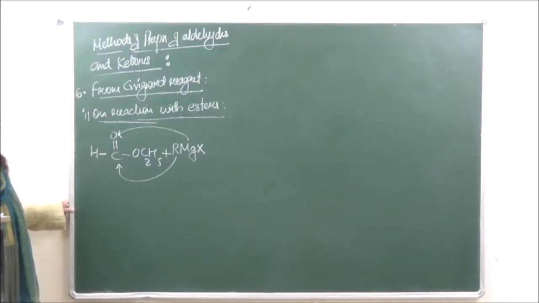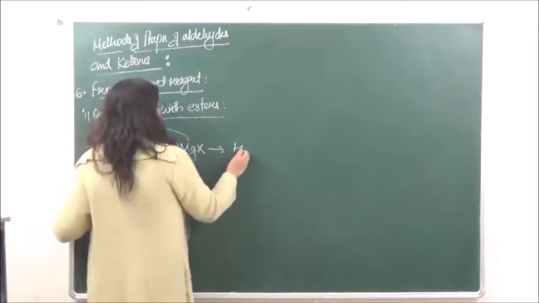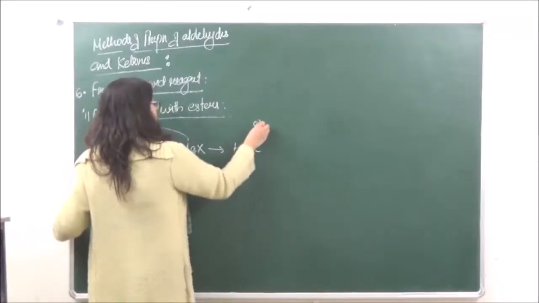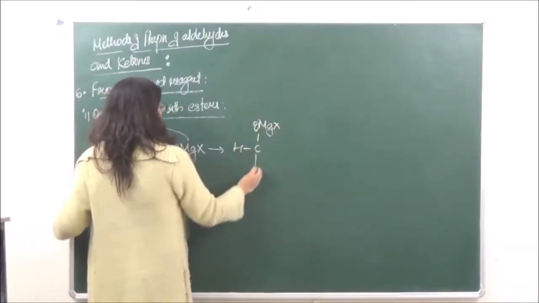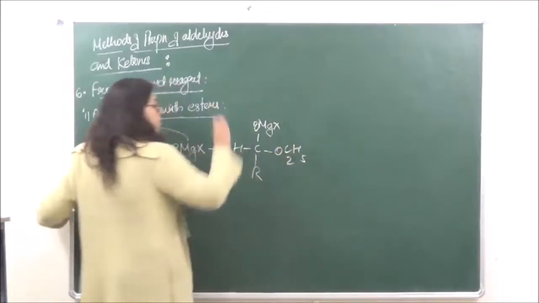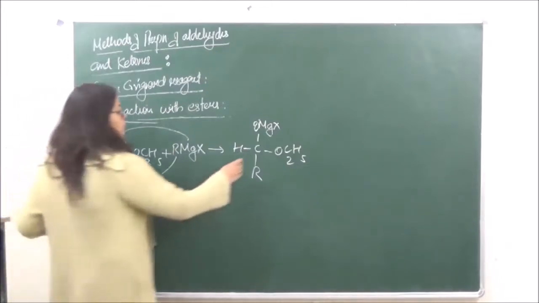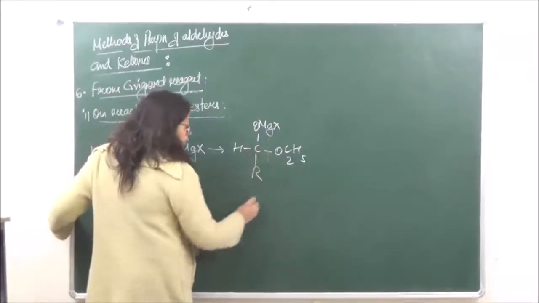So over here also MgX is going to attack at the oxygen and R will attack at the carbon such that we get an addition product over here of the type OC2H5. Now when we do the hydrolysis of this, this is going to give us an alcohol because the cleavage of the bond is going to take place from here.